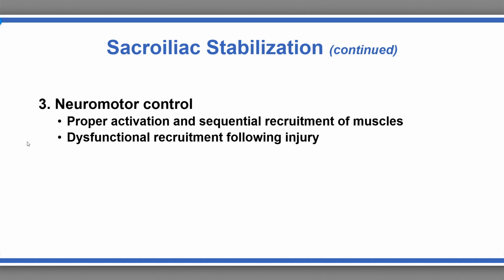Now, as I mentioned, neuromotor control is integral to stability, and this is subject to both feed forward and feedback systems. A feed forward system is used when a stress or load is anticipated and muscles are set in advance to create the stability needed to manage the anticipated load.